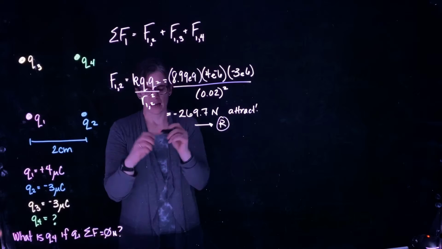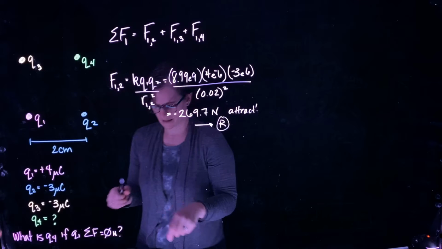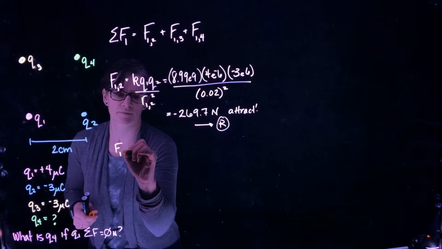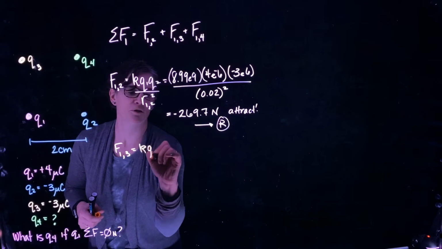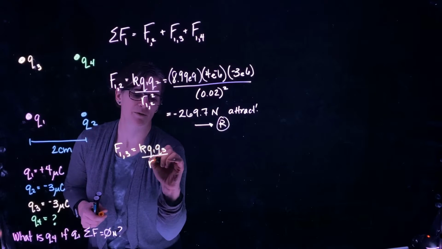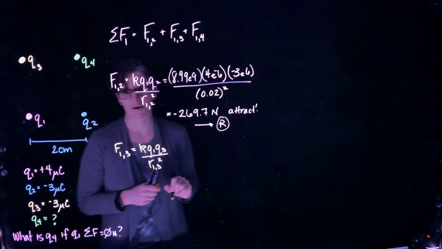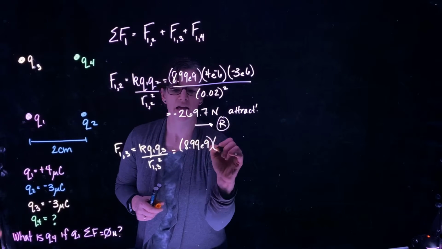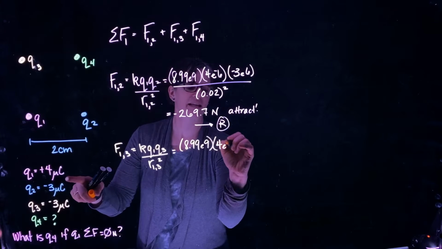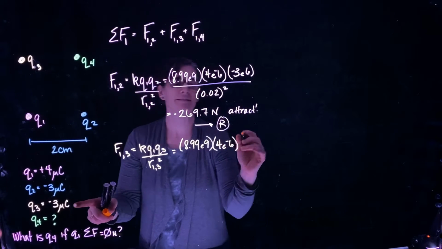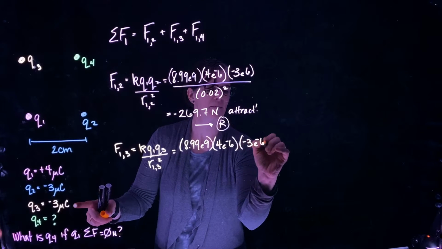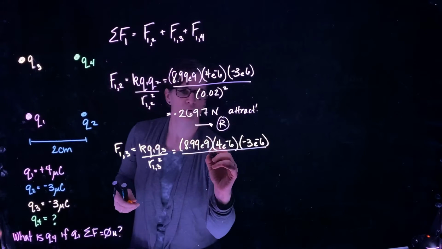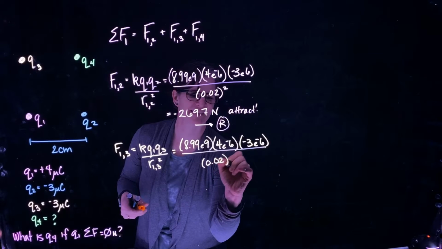All right. How about between Q1 and Q3? Well, that's K, Q1, Q3 over the radius between 1 and 3 squared. So again, our K is 8.99 times 10 to the 9th. Q1 is 4 times 10 to the minus 6th. Q3, also minus 3 times 10 to the minus 6th, all over the distance between Q1 and Q3, which is also 0.02 quantity squared.